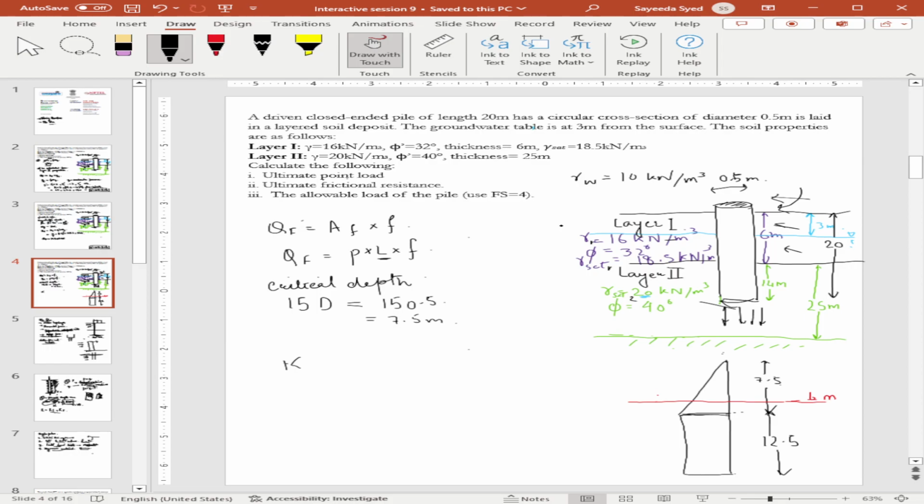Usually there is a convention that for driven piles, we take K naught equals 1.4 times 1 minus sine phi dash. Just let me check from my source.